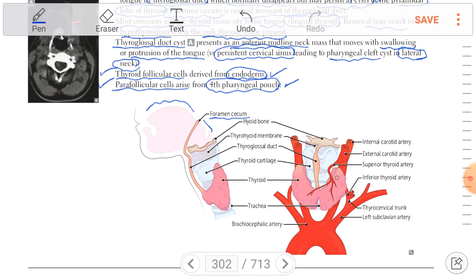Then for the blood supply of the thyroid, you have the internal carotid artery and external carotid artery. The external carotid artery will give the superior thyroid artery, which will supply the superior part of the thyroid. And the thyrocervical trunk will give the inferior thyroid artery, which will supply the inferior part of the thyroid.